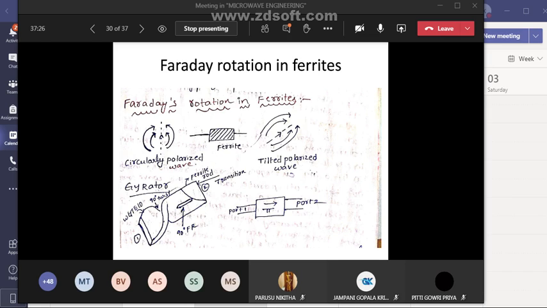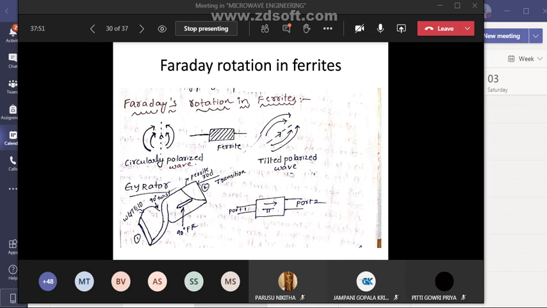Okay. See here, when a wave enters at port 1, here the wave is entering at port 1. So it rotates by 90 degrees. See here, it rotates by 90 degrees because of the twist in the waveguide.